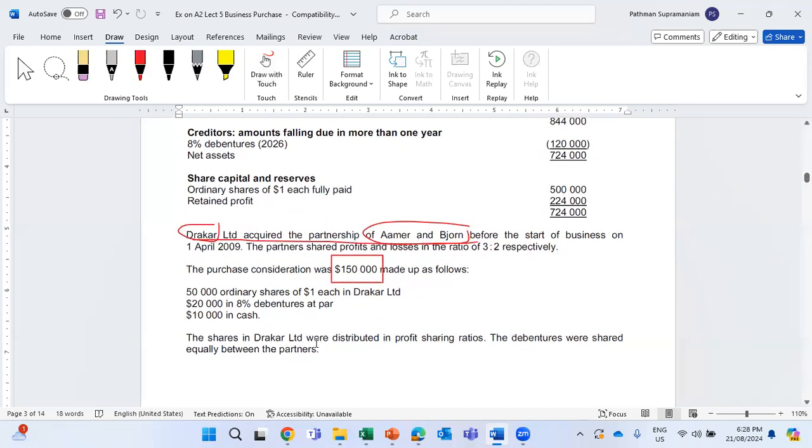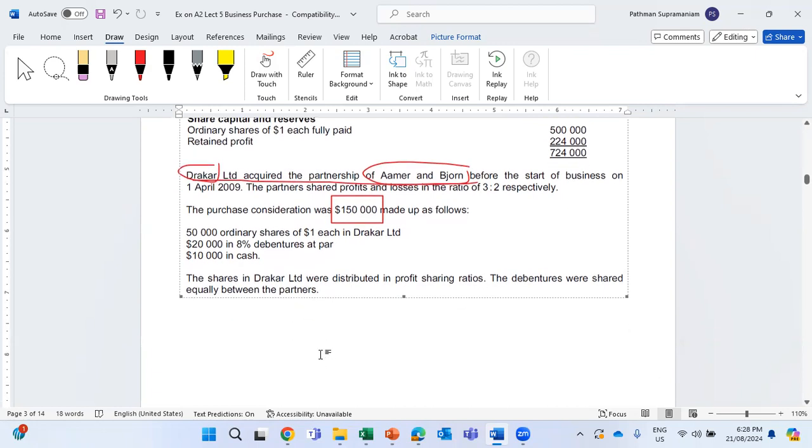Okay, so the shares in Draka Limited were distributed in profit sharing ratios. So which means for these shares, how much goes to each partner, we will follow this ratio, 3:2. But the debentures were shared equally between the partners.